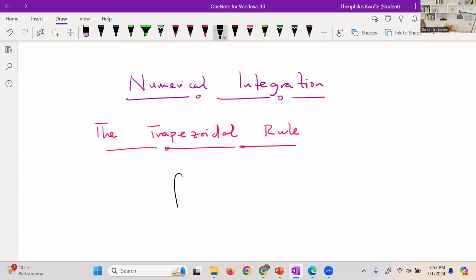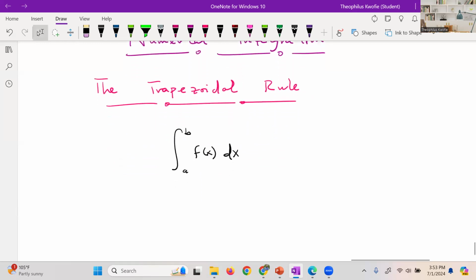So suppose we have a definite integral and we want to find an approximate value of it. How do we use the trapezoidal rule? As usual, our interval is a to b.